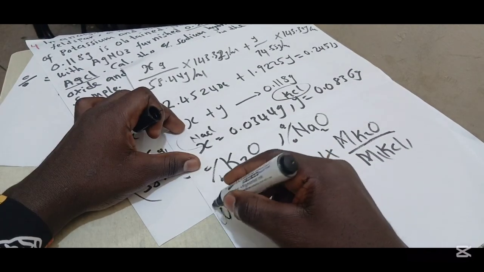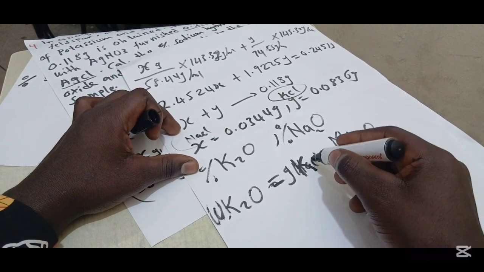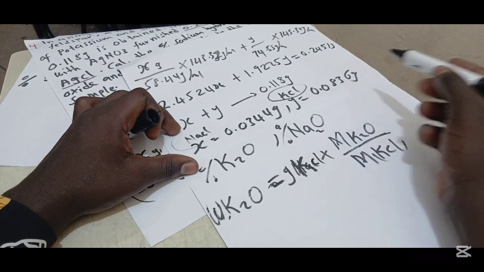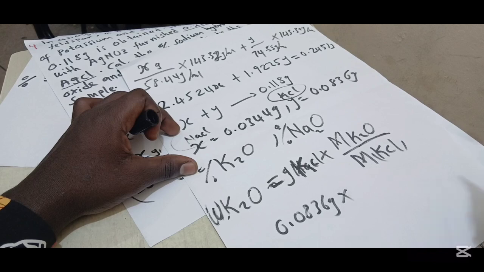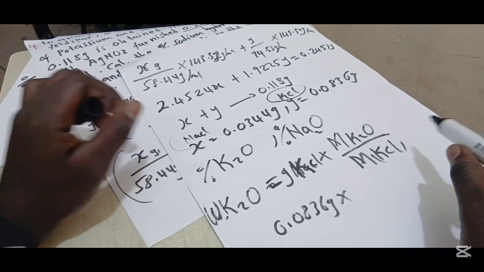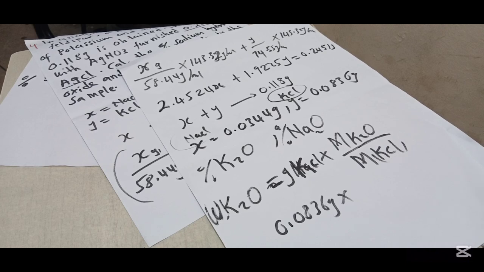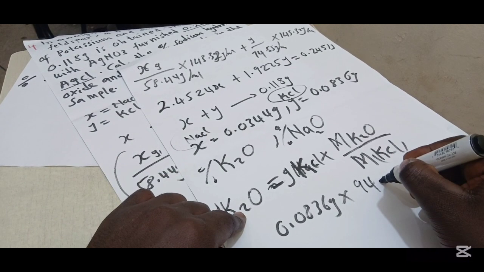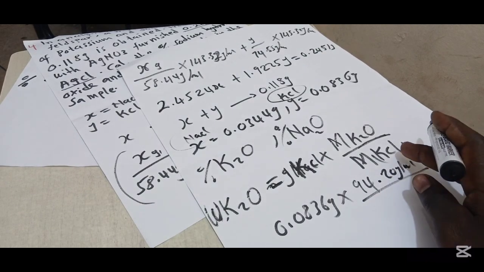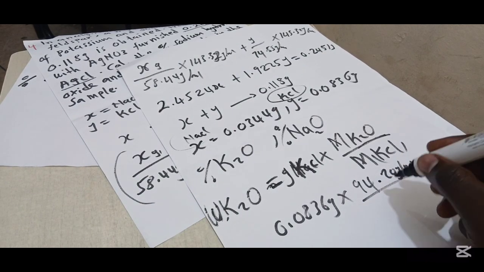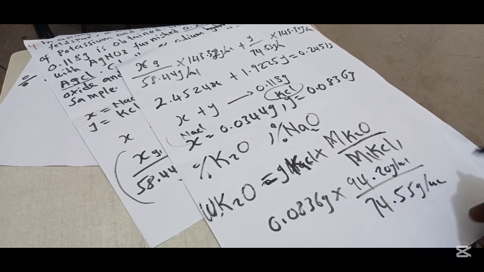So weight of K2O. And we know the mass of potassium chloride to be 0.0836 grams, multiplied by the molar mass for K2O, which is 94.20 grams per mole, all over the molar mass for KCl, which is 74.55 grams per mole.